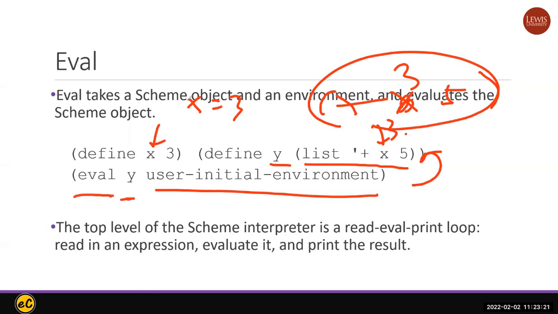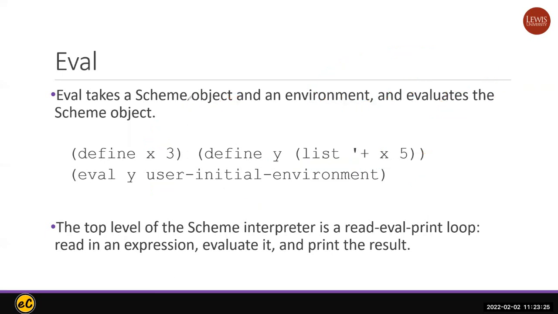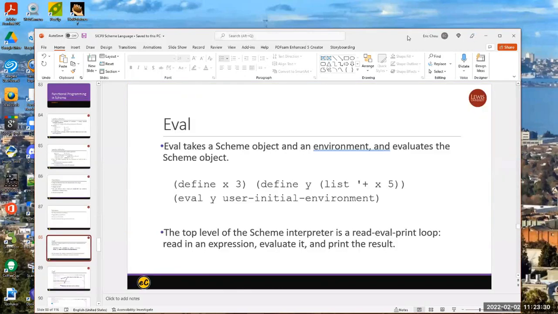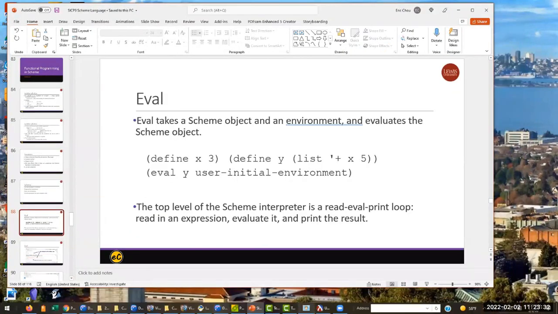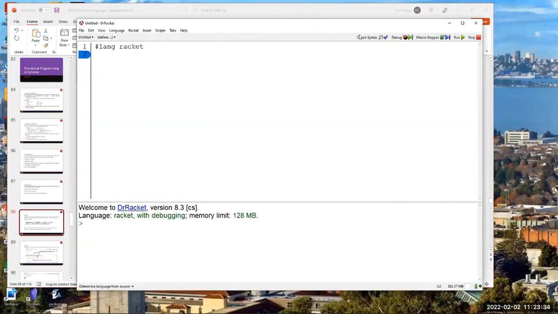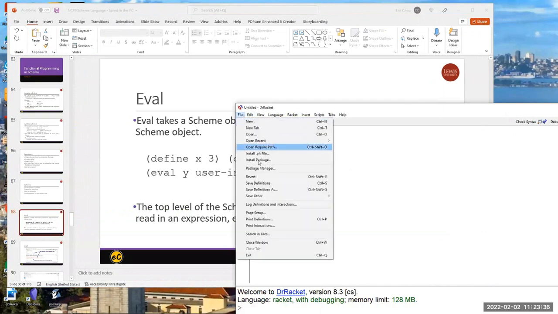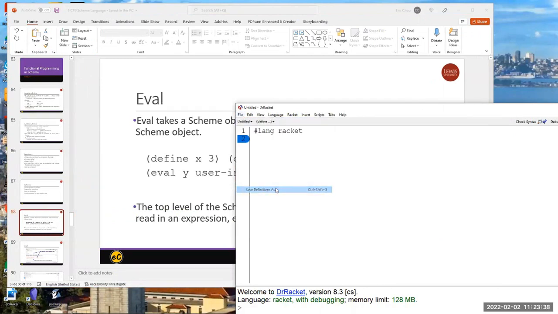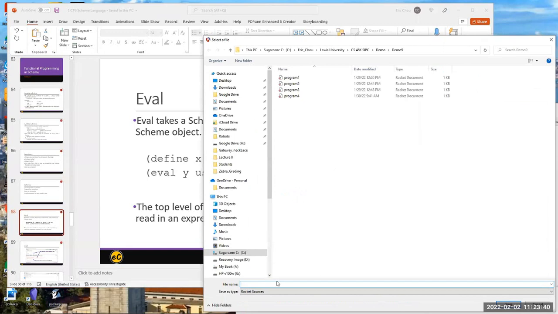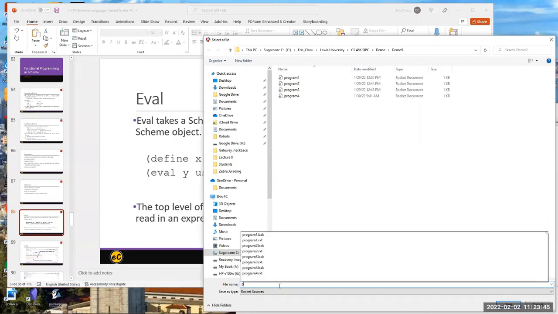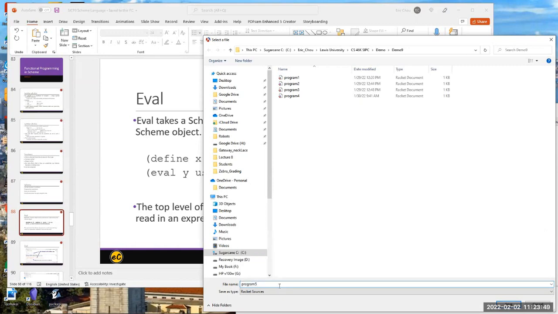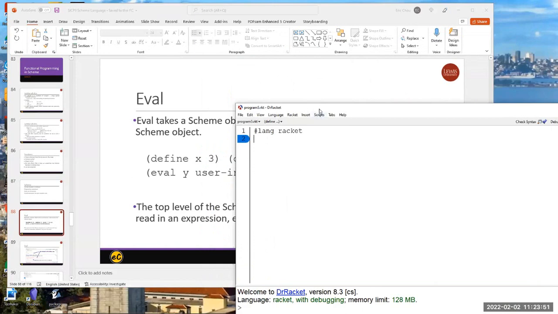So here, this one you kind of need to be careful. Let's look at this example. This one is not what we usually see. Let's save this program as program file.